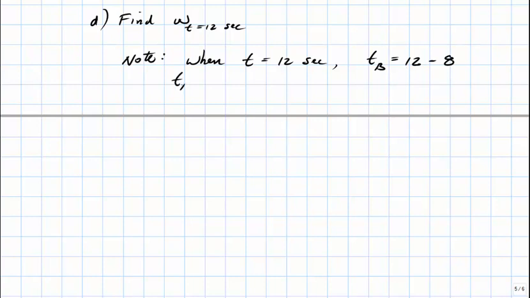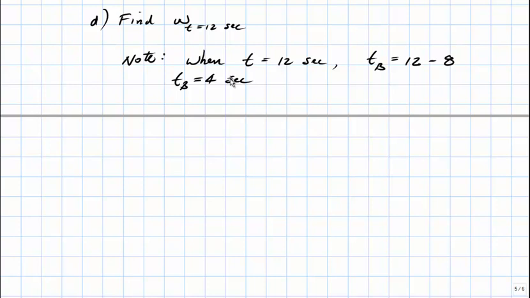So the time in phase B equals 4 seconds. So let's take inventory of what is known for part D. We know the time in phase B is 4 seconds. We know the initial velocity in phase B, but that's about it. We don't know anything else. And by knowing only 2 variables, there's no way to obtain a third variable. And therefore, we're going to have to find some way to find a third variable.